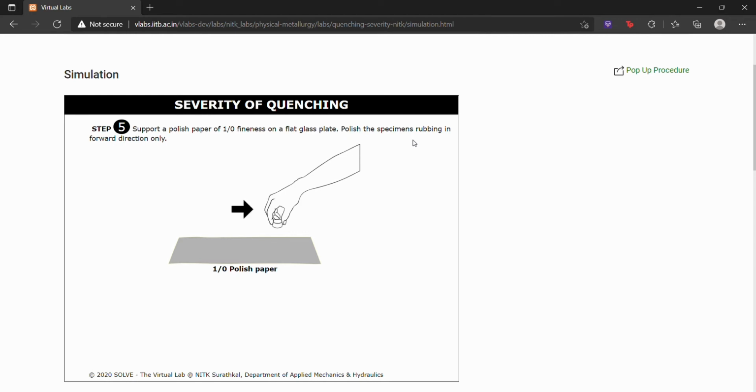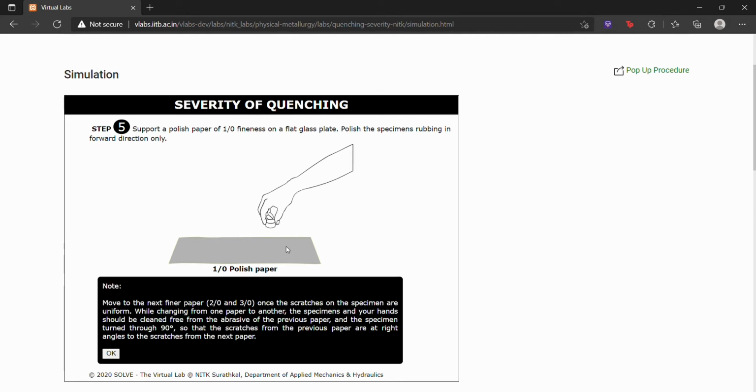Polish the specimen rubbing in the forward direction only. Move to the next finer paper, which is 2/0 and also 3/0, once the scratches on the specimen are uniform.